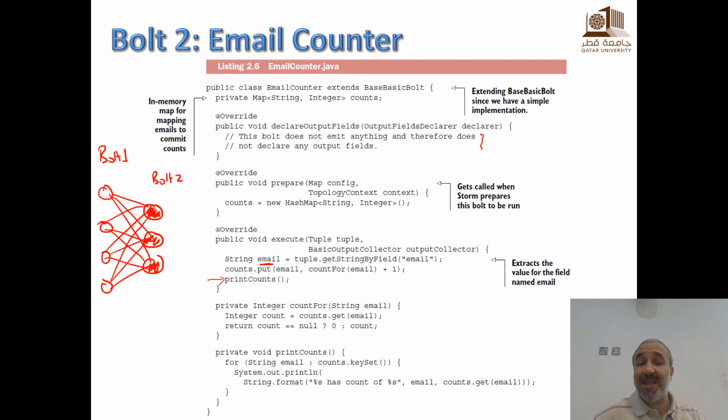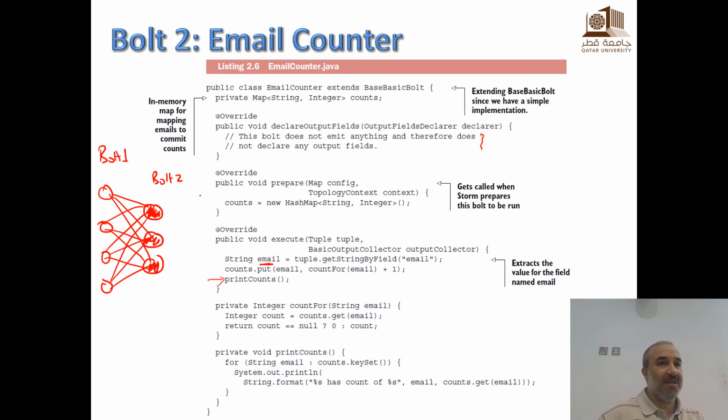So does each task here have its own hash map, its own statistics or counts, or is it just one? Is it one hash map or multiple hash maps? Multiple. One at each task.